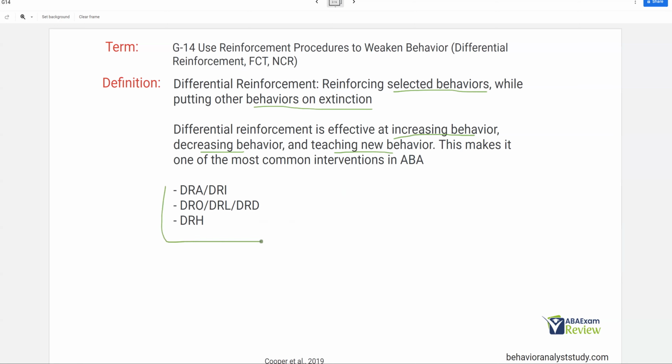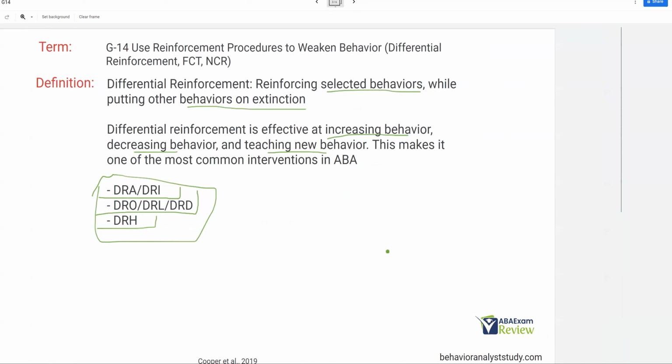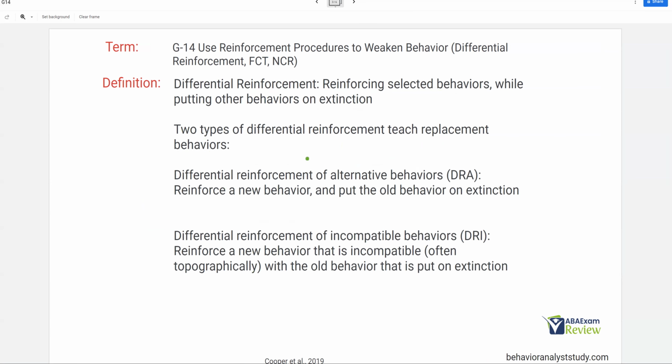So if you look at this small list here, we have the acronyms for our different differential reinforcement styles, and we're going to cover each one of these. You can see I've grouped them because you want to think about the different strategies in terms of this grouping, and we're going to go over why now. So let's first think about differential reinforcement to teach replacement behaviors.